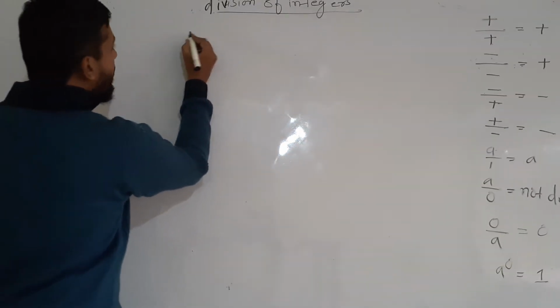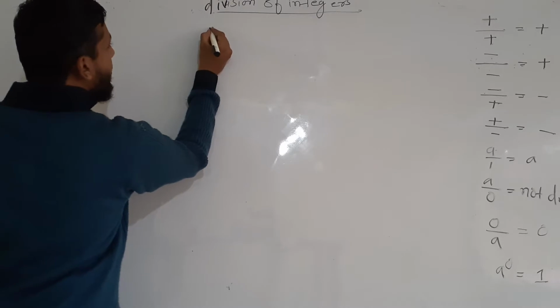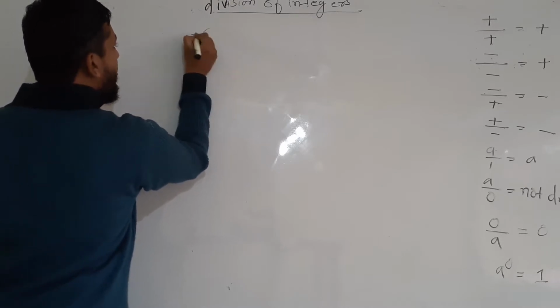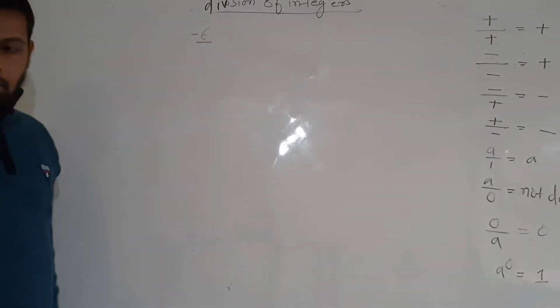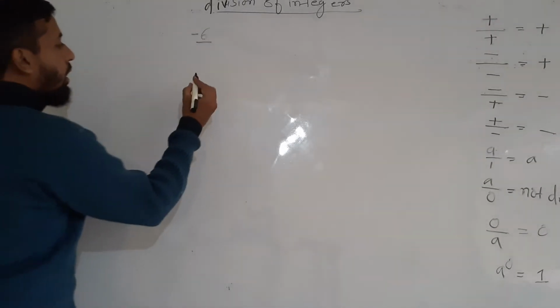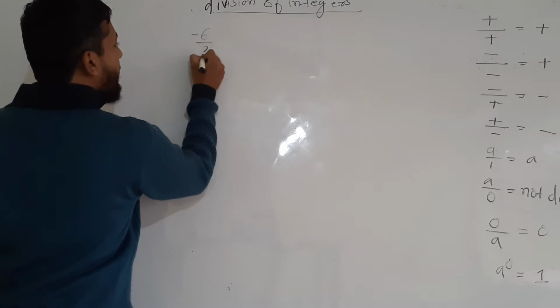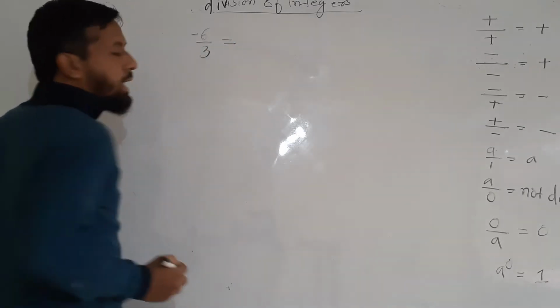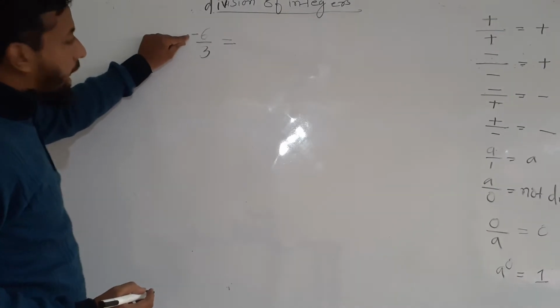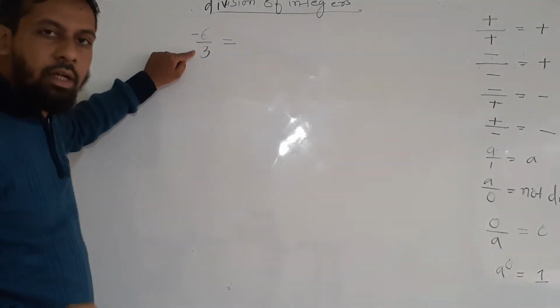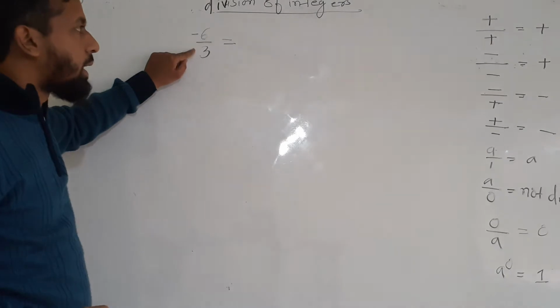Suppose the question is minus 6 divided by plus 3, minus 6 divided by 3. Here the sign is minus and here the sign is plus.